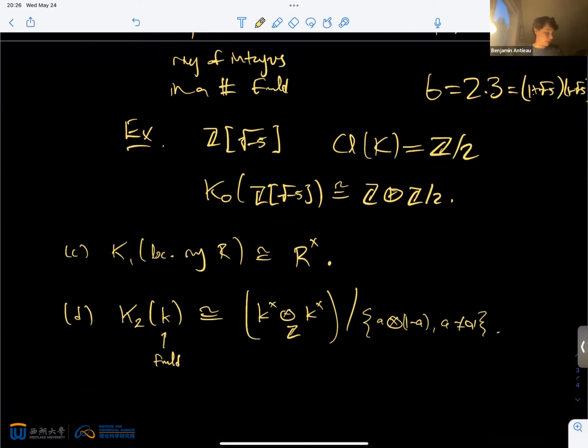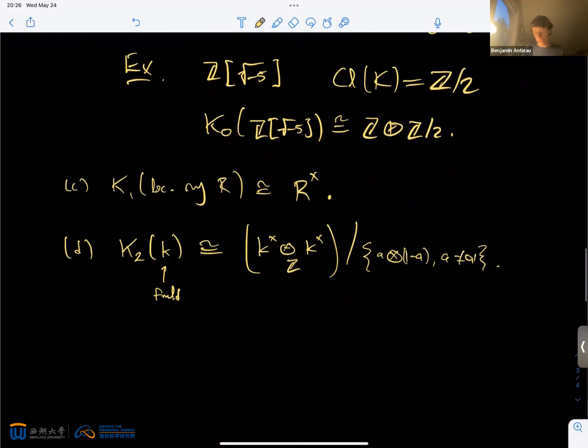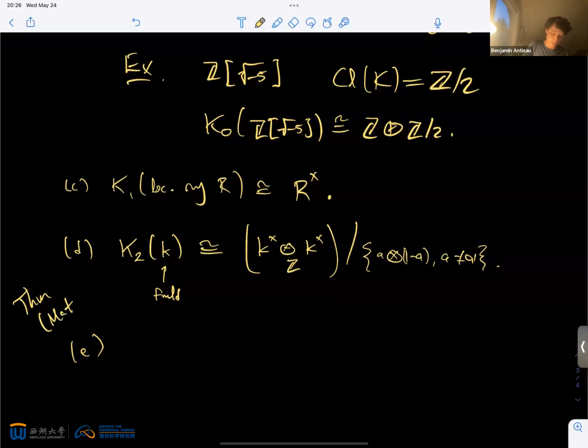Let me give just 2 more examples. The previous was a theorem due to Matsumoto, and this theorem is due to Merkurjev and Suslin.